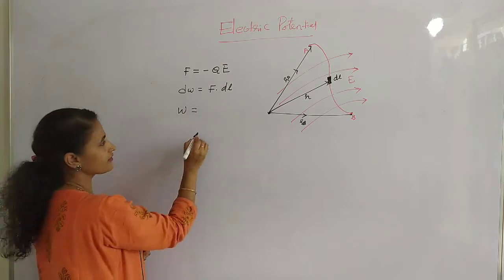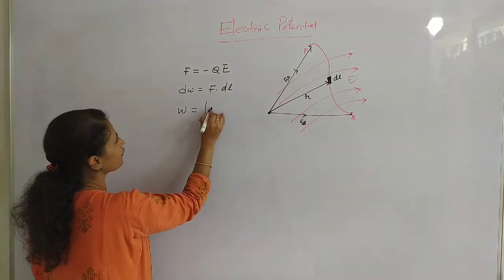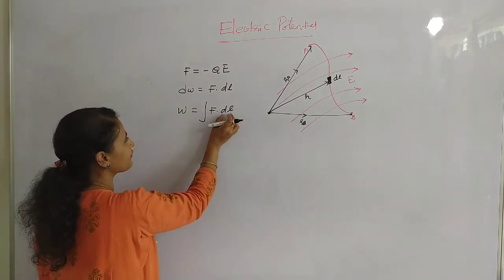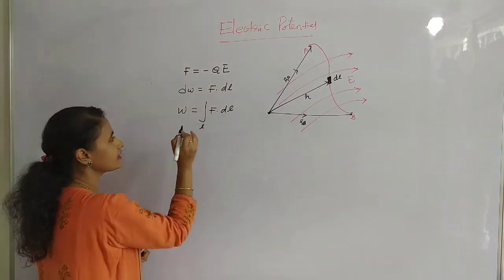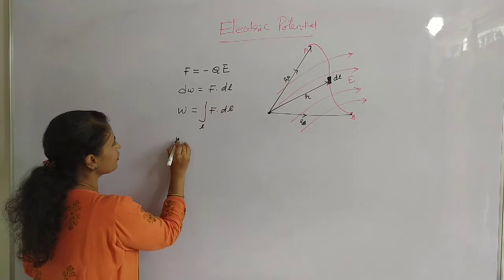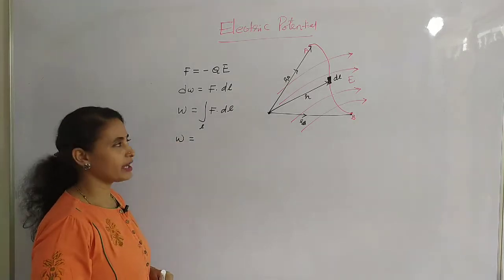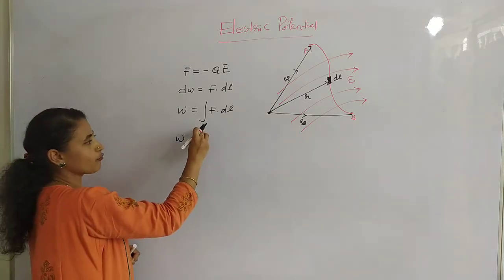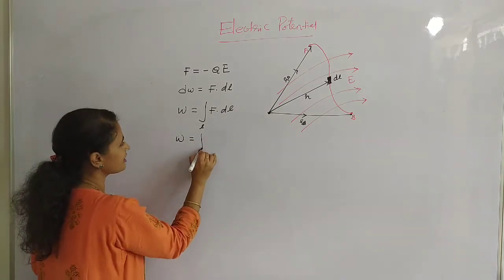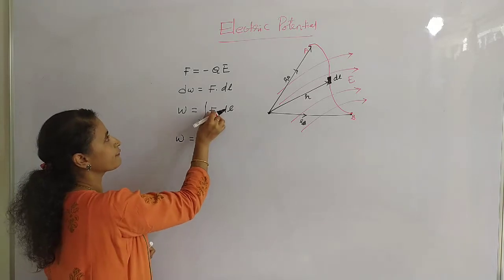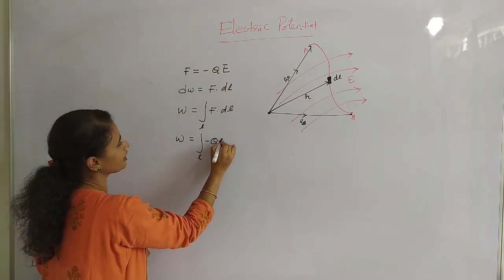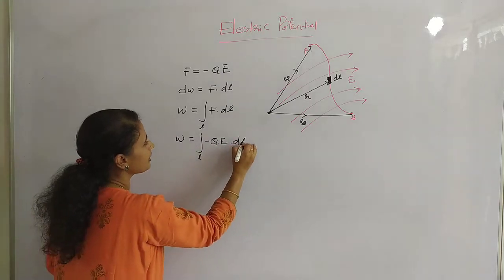W, the work done, is given by integration of F into dl, where here we have a differential length dl. So this is a line integral. So the work done to move a point charge from point A to the point B over a length of L is given by the integral over L of the force from Coulomb's law, which is minus Q into E into dl.